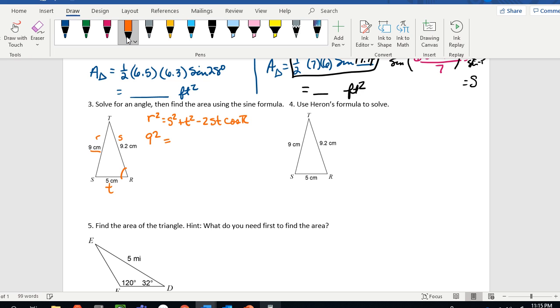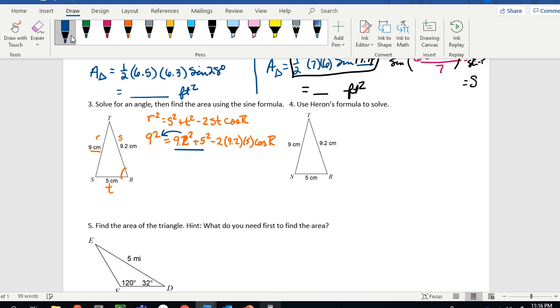Okay, so I'm going to fill it in. 9 squared equals 9.2 squared plus, where am I? T is 5. 5 squared minus 2. Now, this is easy for me. I just go back and look what I wrote up here. 2 times 9.2 times 5 times cosine of R. Okay, so now I'm going to subtract these two from this side.